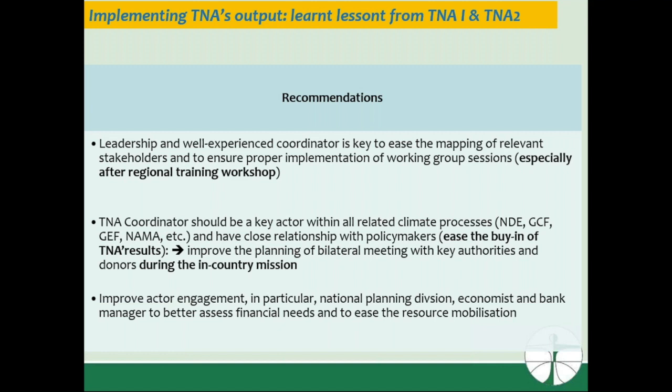So these are some lessons learned that I picked from what we have been doing to support countries, and also to help with the implementation of the upcoming TNA 3 and 4.